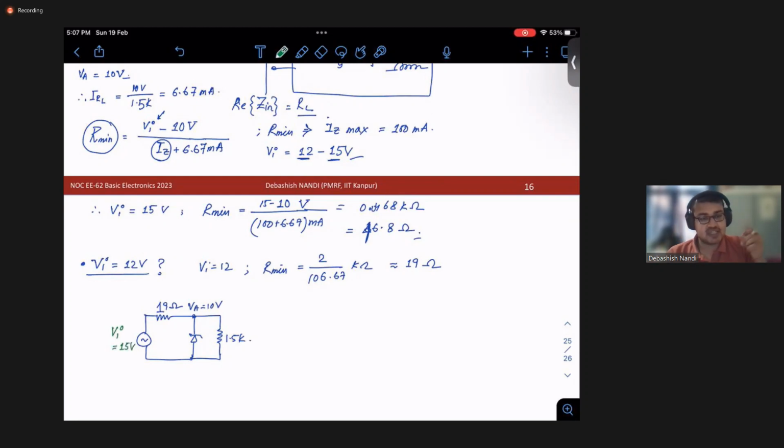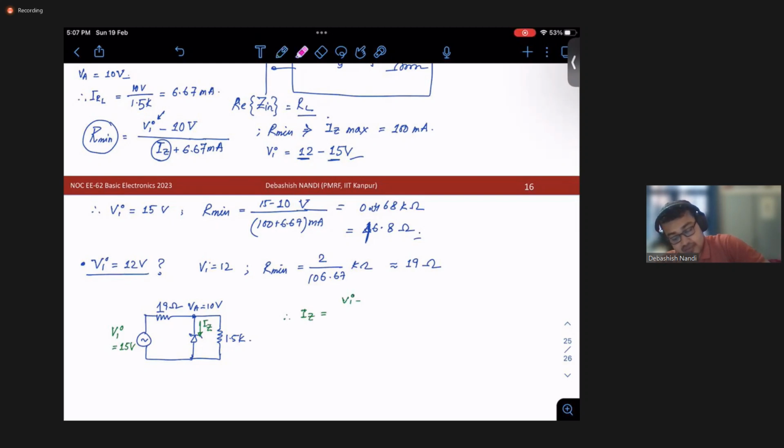Then what happens? What is the current through this? What is the current Iz in that case? Iz can be found by simply Vi minus, sorry, Vi is my 15, right?